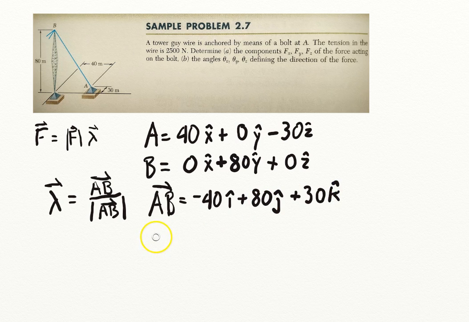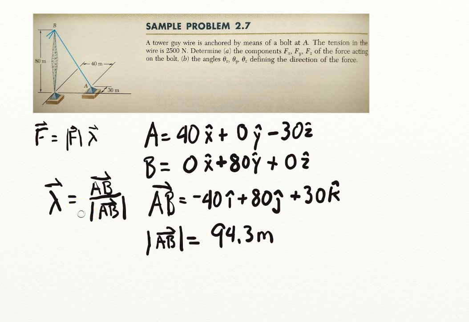Now for the total distance AB, I just take the square root of the sum of the squares. So I'm going to have minus 40 squared plus 80 squared plus 30 squared, and then I'm going to take the square root of that, and that comes out to be 94.3 meters.